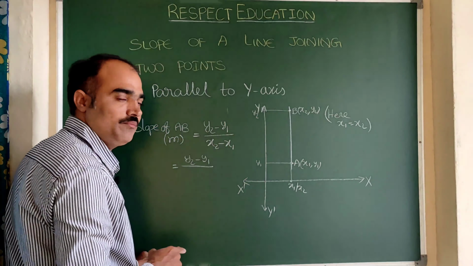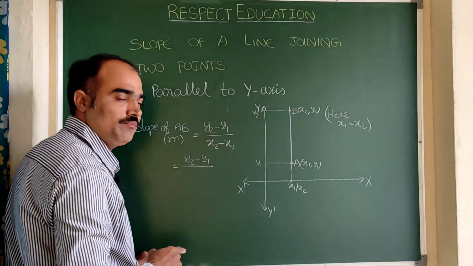In a fraction, if the denominator becomes 0, then it indicates this is not defined. In other words, we can say it is infinity also.